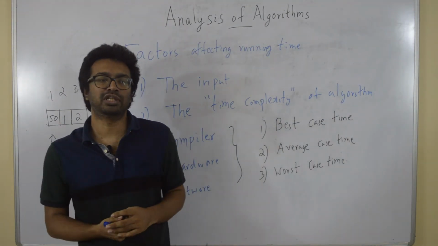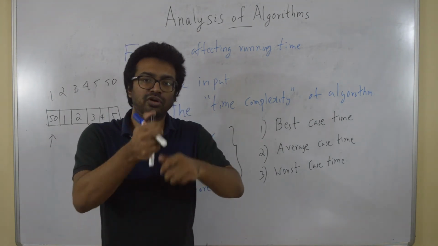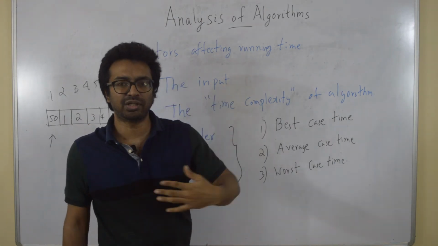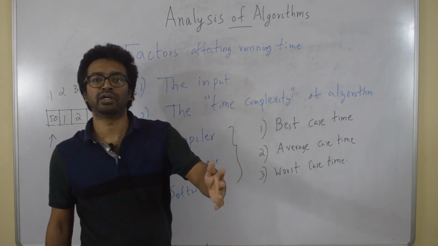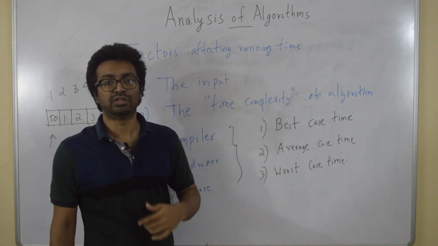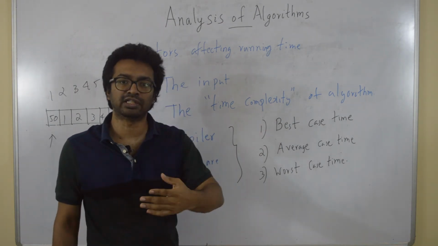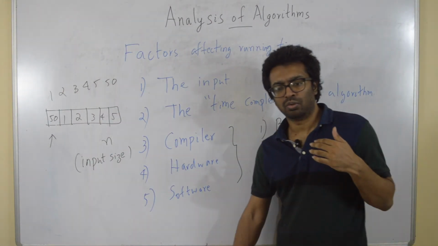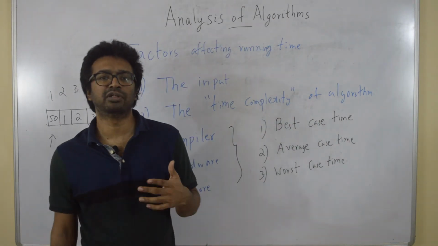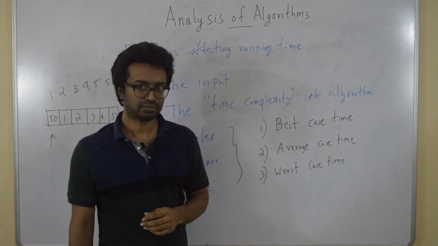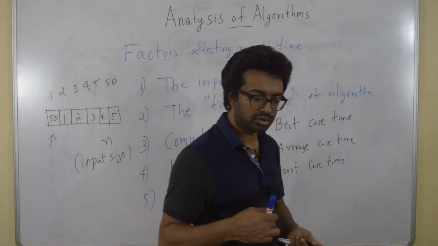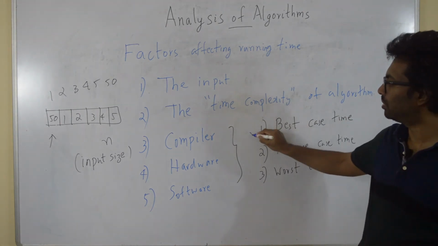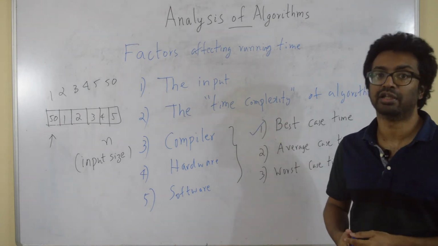For example, in a sorting algorithm, the input might already be a fully sorted list. If you are given a fully sorted list, your sorting algorithm is going to return very fast. That can be the best case scenario. And the question being asked is, in this best case scenario, how much time does your algorithm take? So given an algorithm, how much time does it take in the best case scenario?